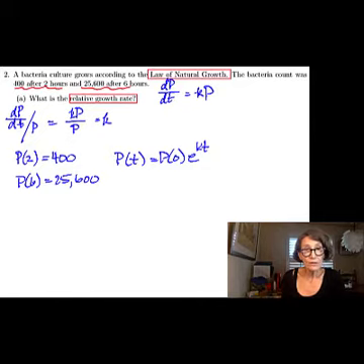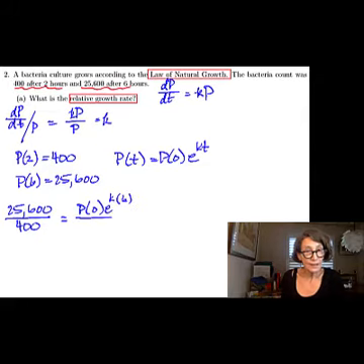So using the two populations, we can write the ratio P of 6 over P of 2 as P of 0 times e to the k times 6 over P of 0 times e to the k times 2.